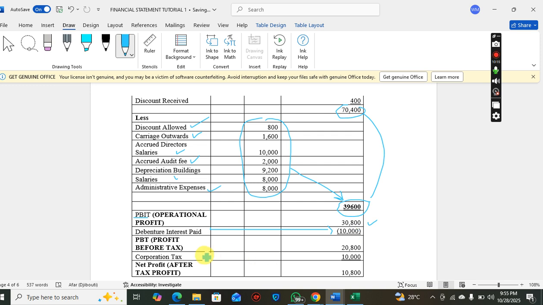So our profit before tax will be 30,800 minus 10,000, you get 20,800. This is your profit before tax. This is the profit you start with in the cash flow statement.